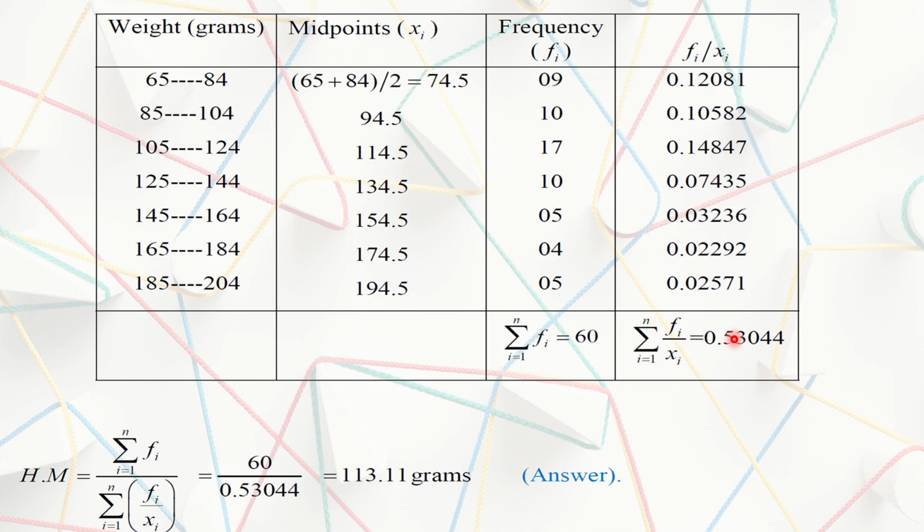When you add them, you find the arithmetic mean of this data, dividing this by 60, and then take its inverse back to get 113.11 grams. So keep in mind that the harmonic mean is smaller than the geometric mean, which is smaller than the arithmetic mean; or the other way around, the arithmetic mean is greater than the geometric mean, which is greater than the harmonic mean.